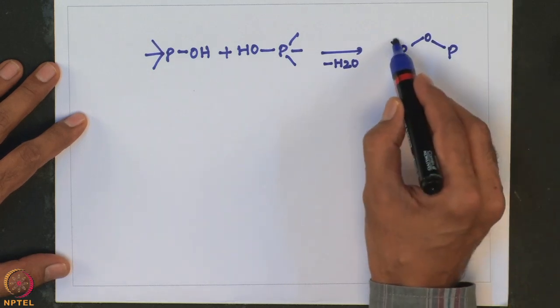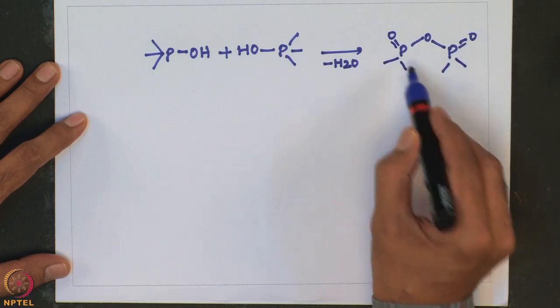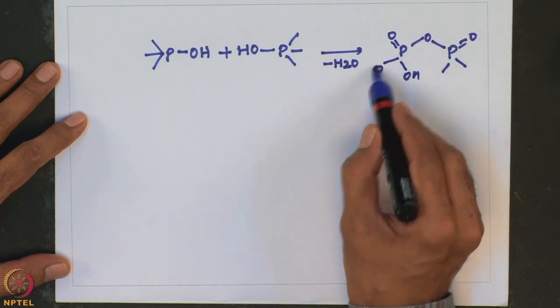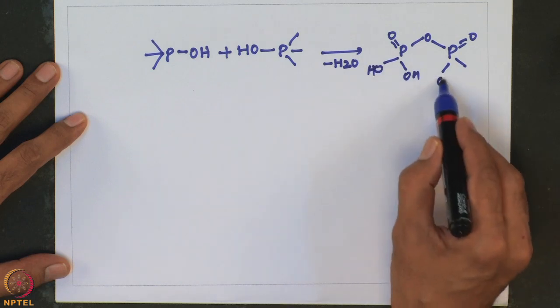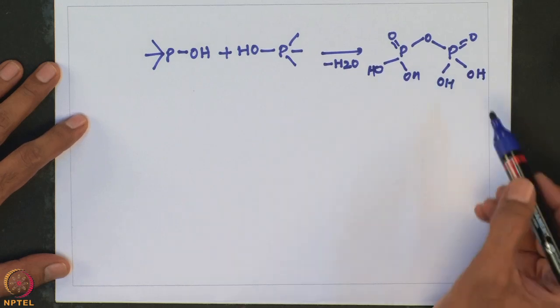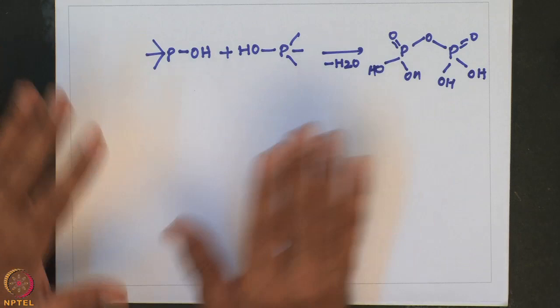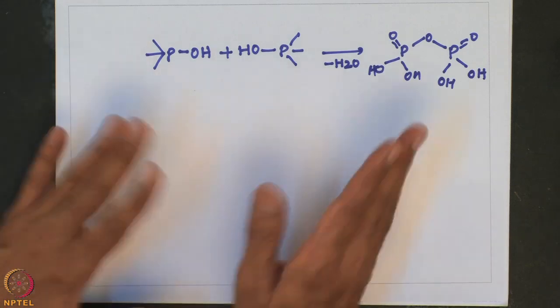Of course, here one can write the complete structure. Here it can be so. This is how one can start writing, having POP linkages, polyphosphates or polyphosphoric acid.